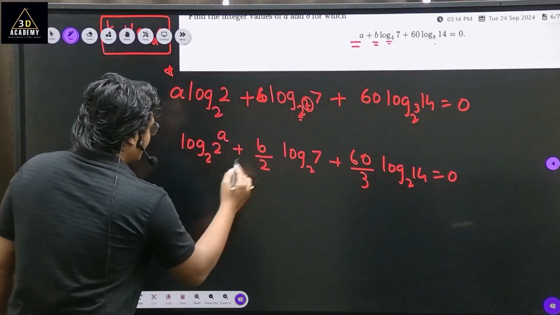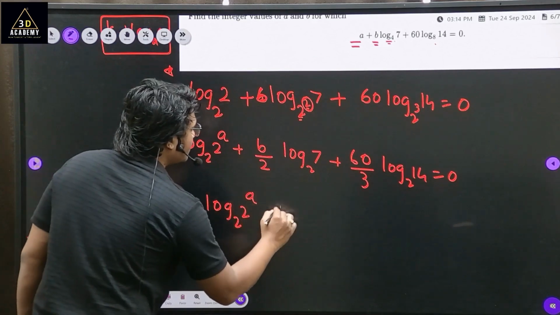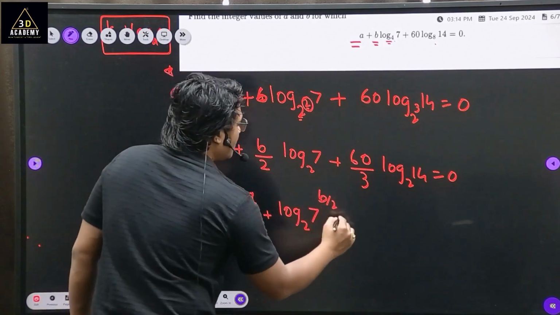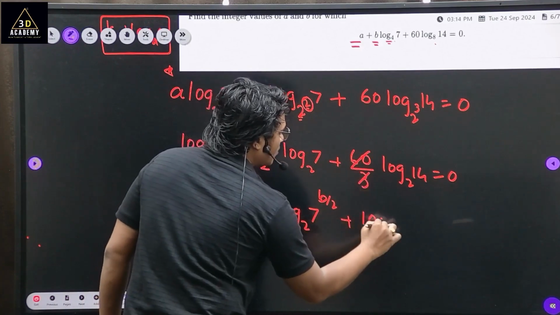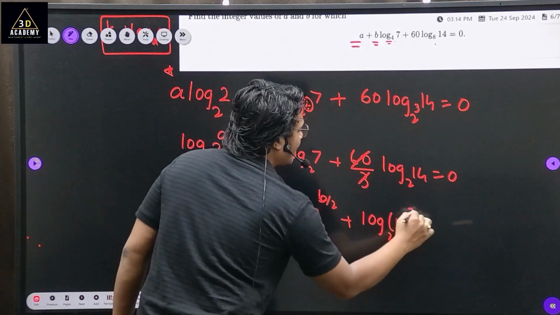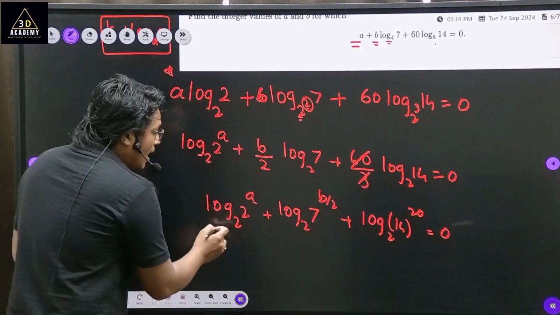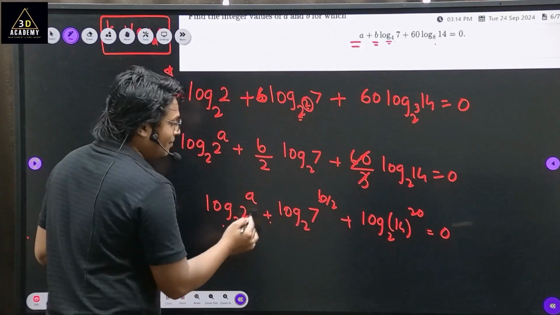Next, whatever is in multiplication will get into the power. So log base 2 of 2 raised to power a plus log base 2 of 7 raised to power b upon 2 plus, now 60 upon 3 will be 20. So log base 2 of 14 raised to power 20 will be equal to 0. Okay, now see, everywhere its coefficient is 1, the base is the same and addition is happening.